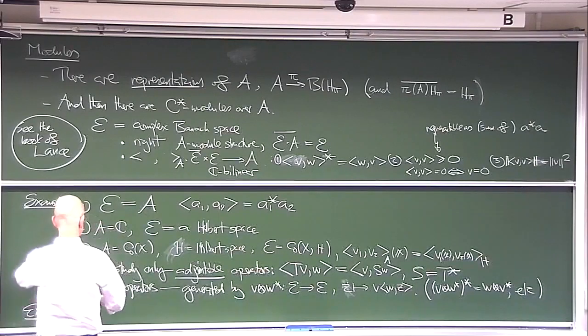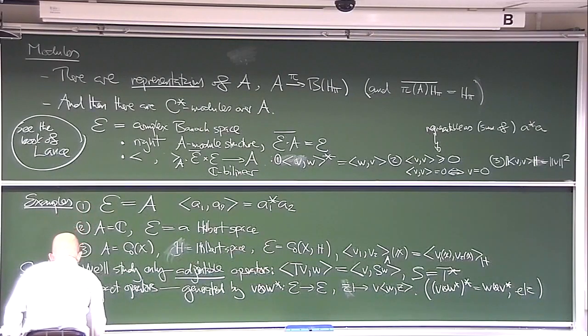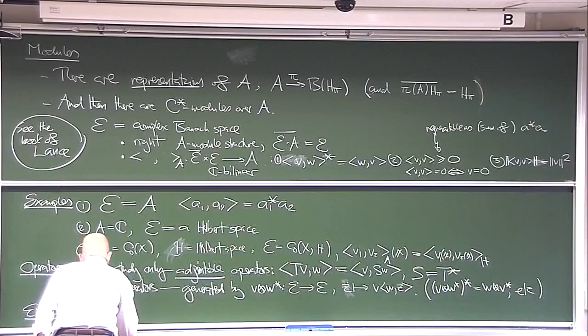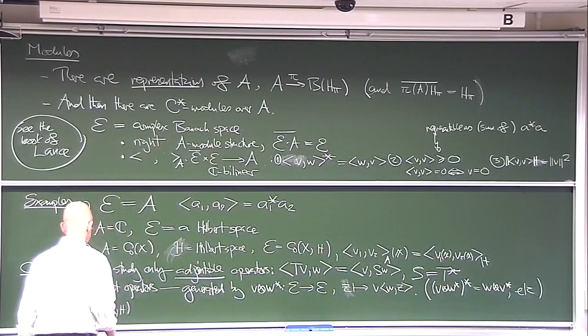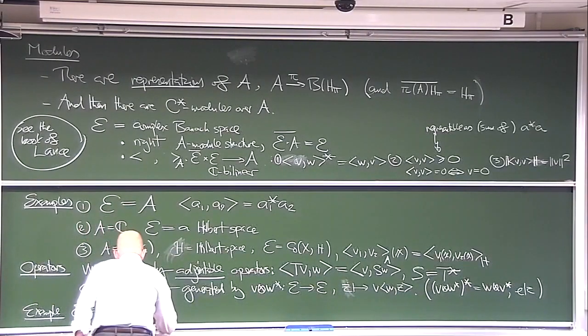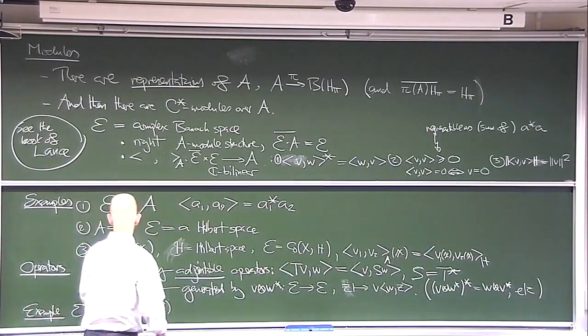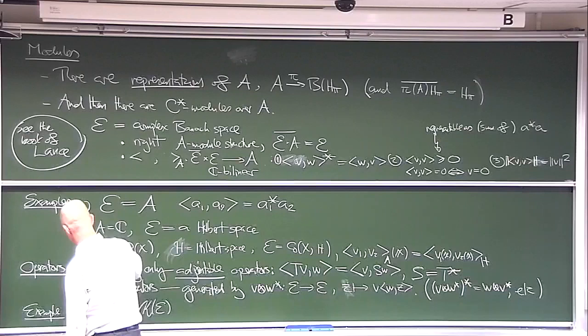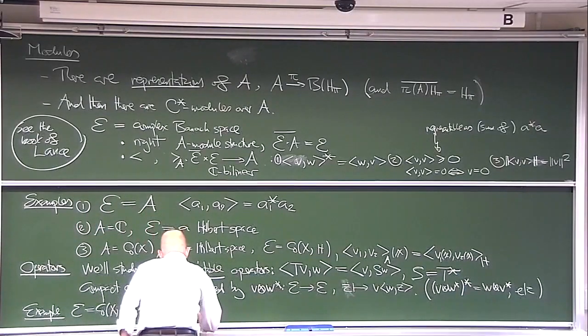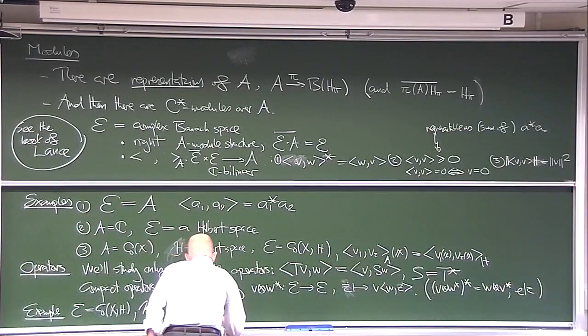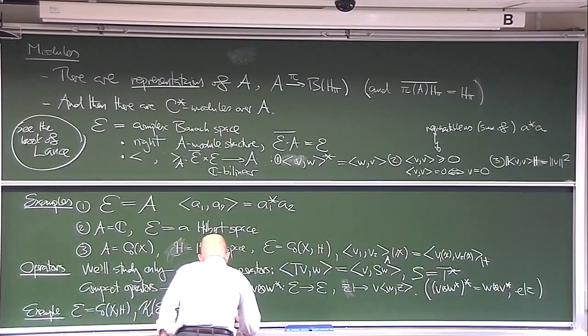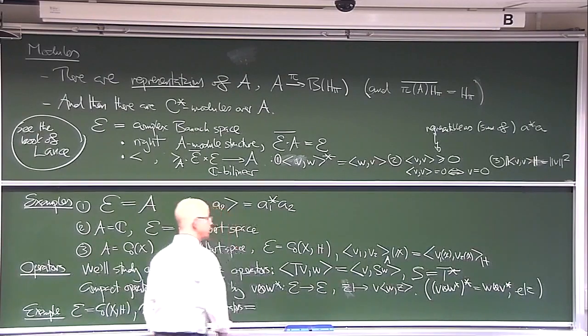So in this most illustrative situation, E is the Hilbert space valued functions on X. Then the set of all compact operators, which is written K of E, is first of all a C-star algebra.